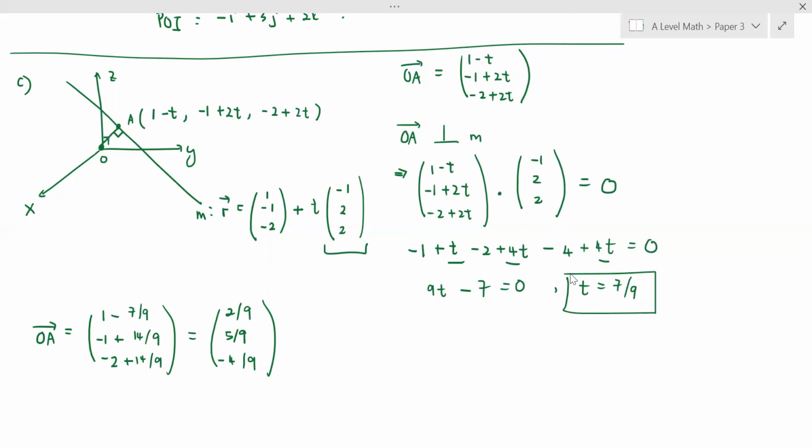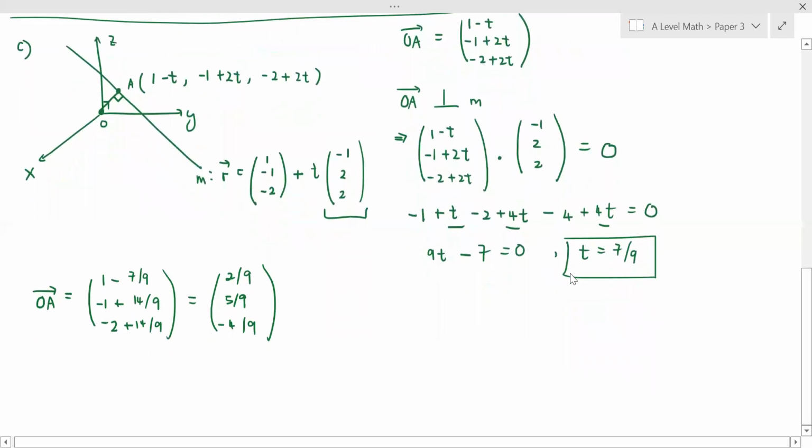That is vector OA. The length of vector OA, or the magnitude of vector OA, is the length of the perpendicular from the origin to line M. Basically, for this part, you need to find the magnitude of vector OA.